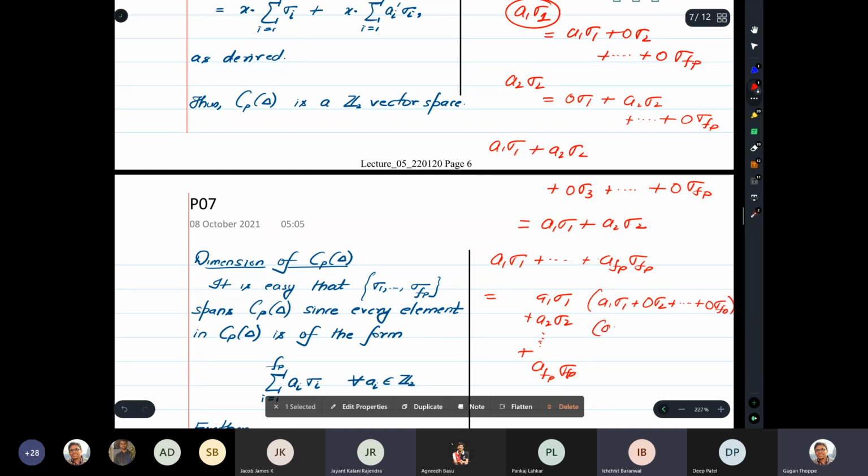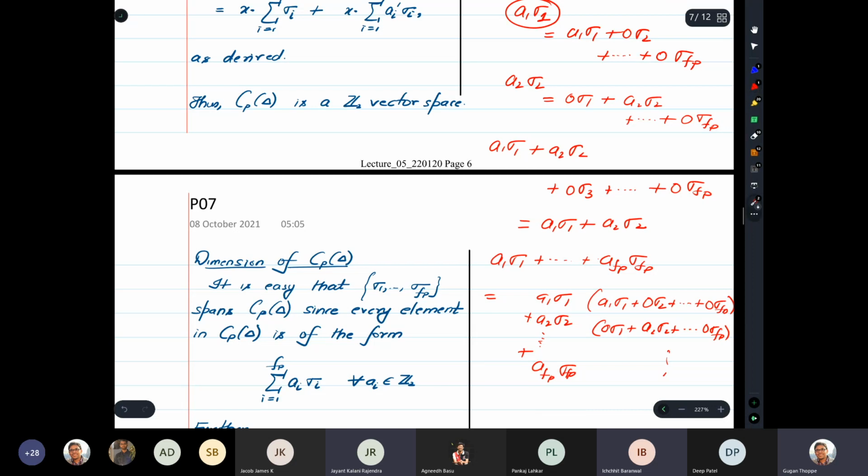Similarly, interpret this as 0 sigma 1 plus A2 sigma 2 plus blah blah blah plus 0 sigma FP, and so on. Is this okay? So when I write this formal sum, you can interpret these individual things as these special P chains, and the entire addition as adding these individual P chains. Does that answer your question, Ichit?